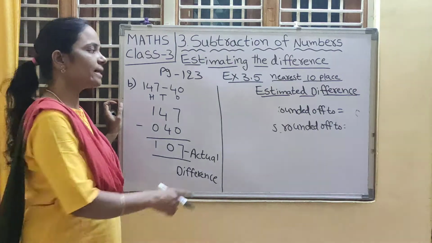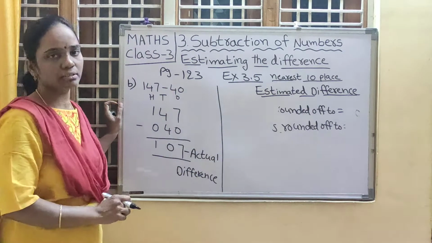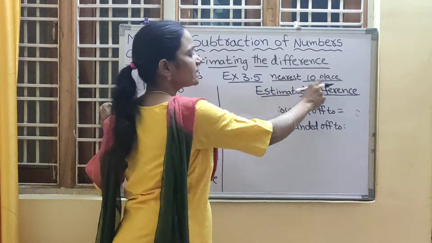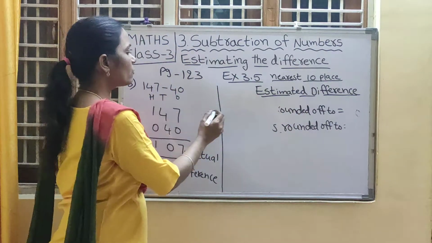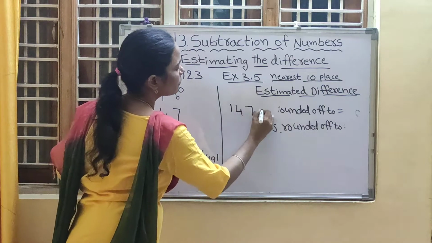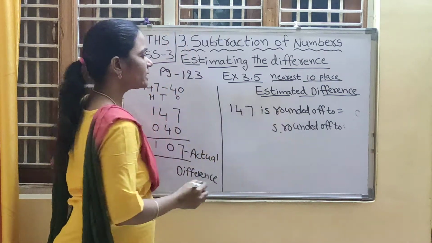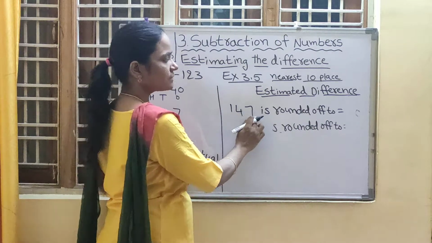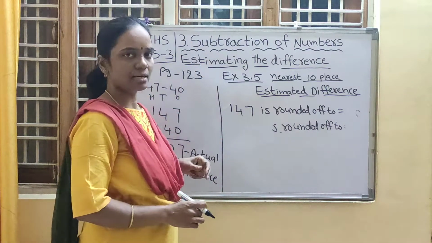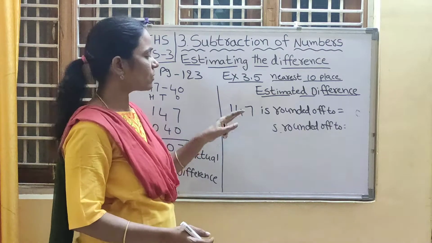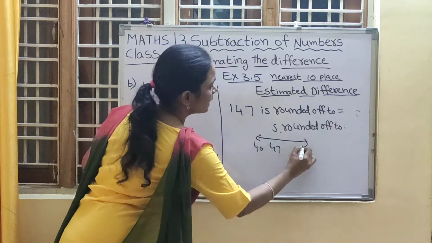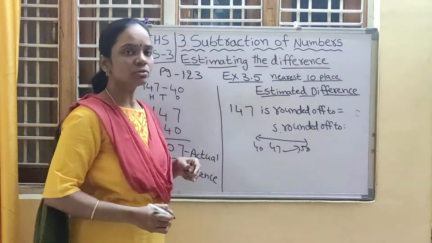Now I am going to find the estimated difference of these numbers. Here I am rounding off this number to the nearest tens place. 147 is rounded off to which nearest ten? 147 is nearest to 150, am I right, children? 40 or 50? 47 lies in between 40 and 50 and it is close to 50.